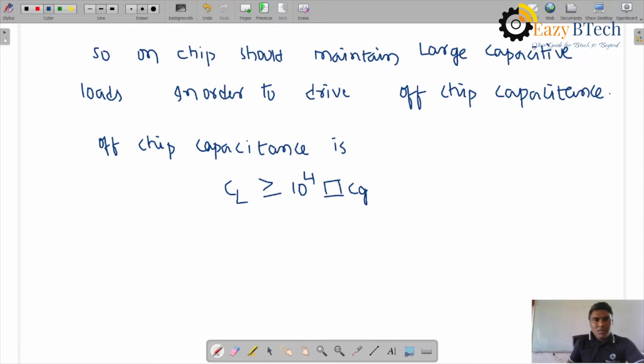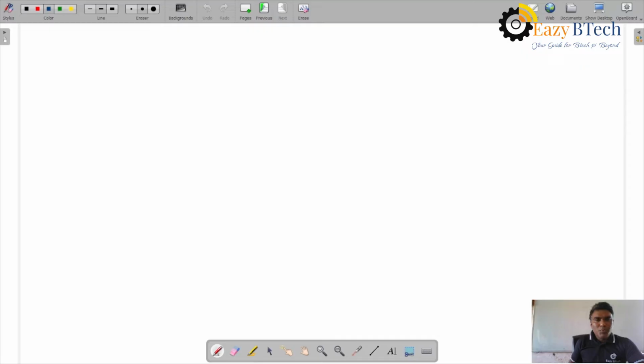So in this, there is a possibility of cascade connections of inverters.